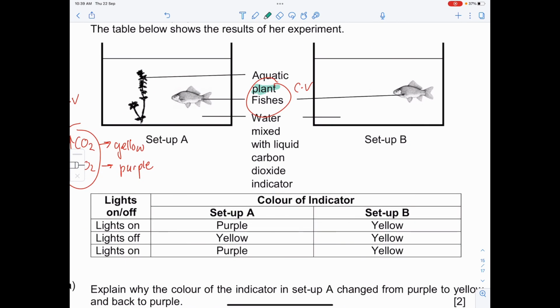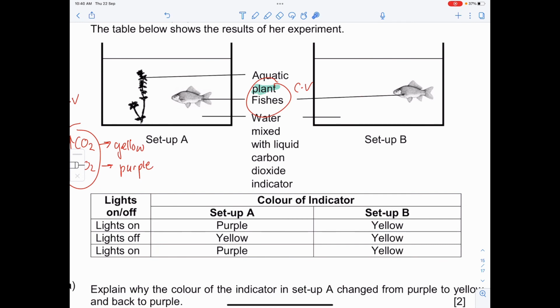So when the plant photosynthesizes, what is it that your plant gives out? It would be oxygen, right? So that will tell you that this tank over here has more dissolved oxygen. And be careful, the word here is dissolved oxygen. So over here, because there is insufficient dissolved oxygen, your fish is going near the surface to get atmospheric oxygen.